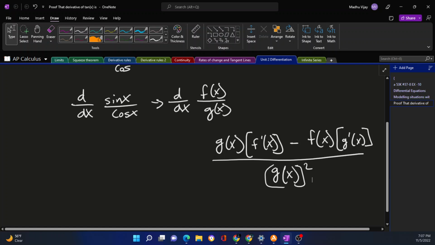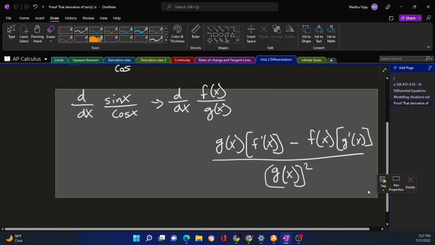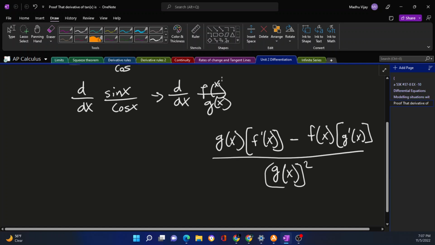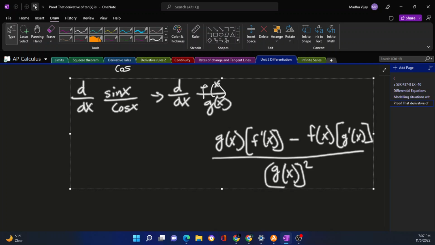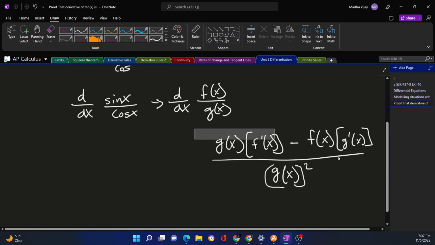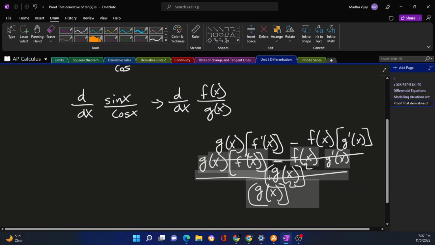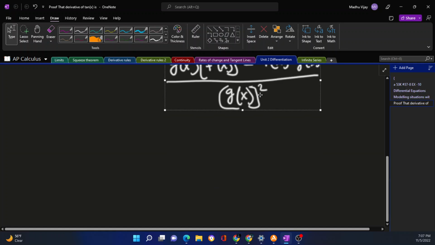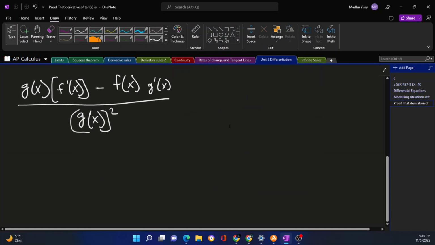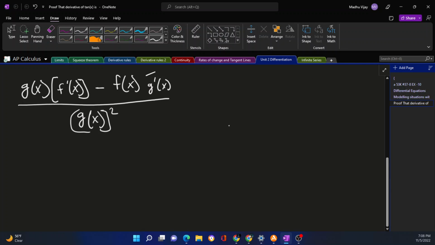I'm just going to move this down a little bit so we have it in front of us. So this is the quotient rule right here, and we're just following this.